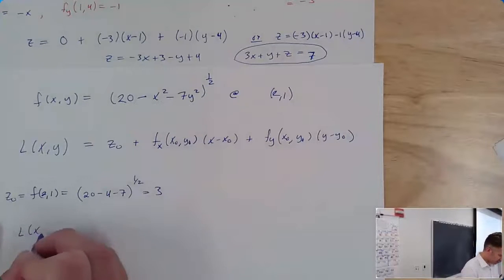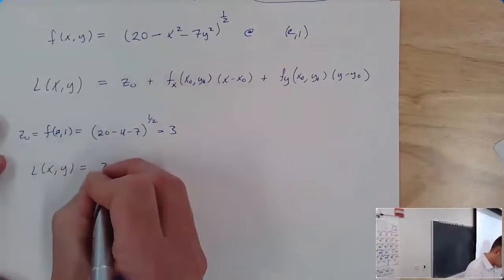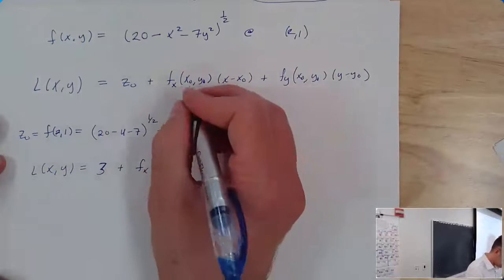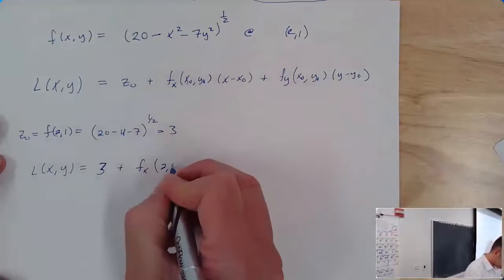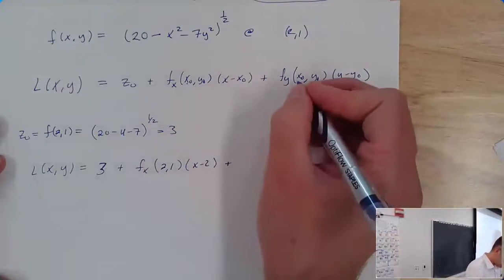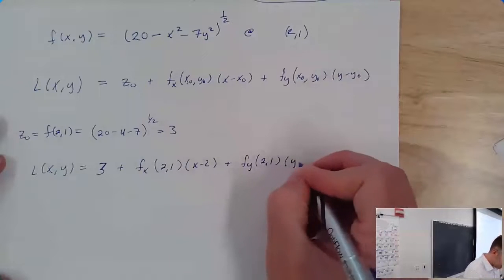Our linearization at x comma y is going to look like Z naught plus our partial evaluated at 2 comma 1 times x minus 2 plus our partial with respect to y at 2 comma 1 times y minus our y coordinate.